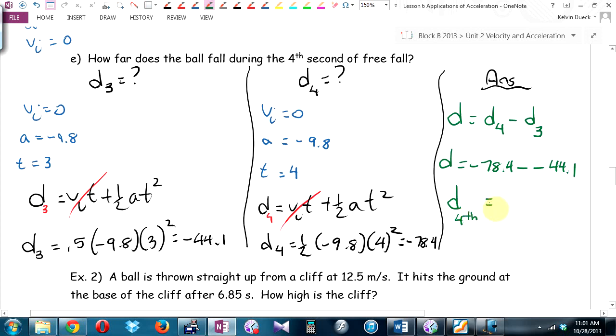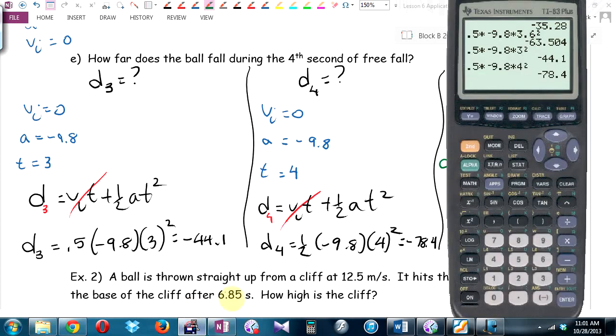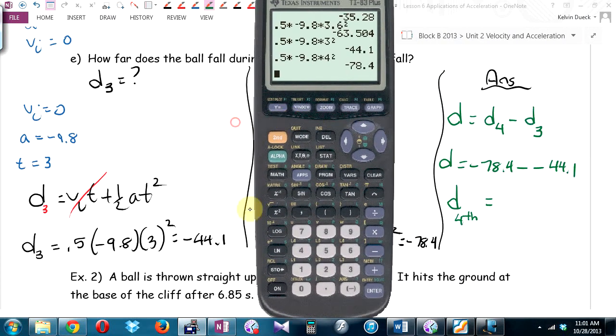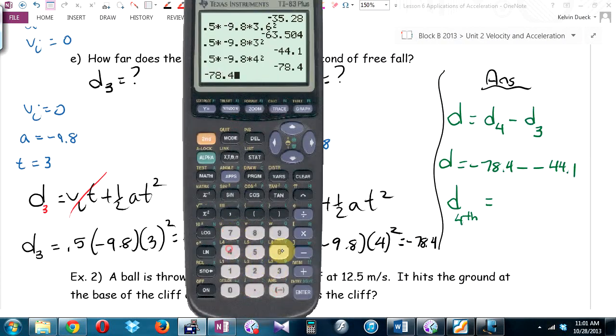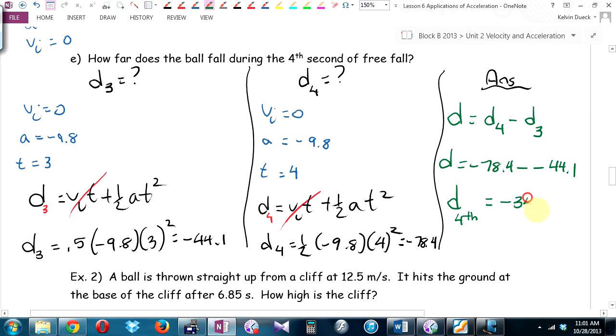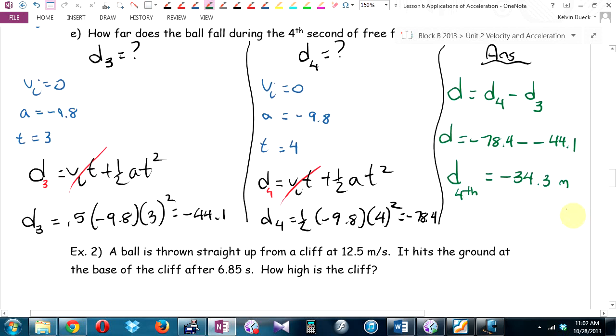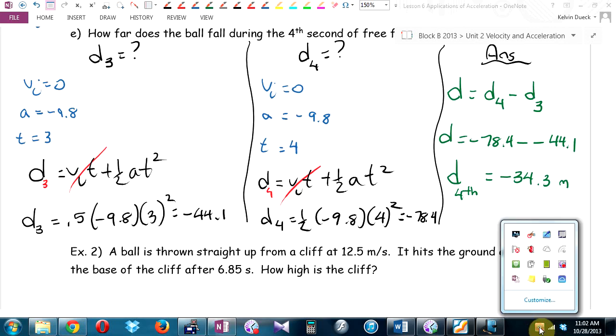How far do you fall in the 4th second? What's that negative telling me? Oh yeah, we fell downwards. Free fall. Put your pencils down for a second.